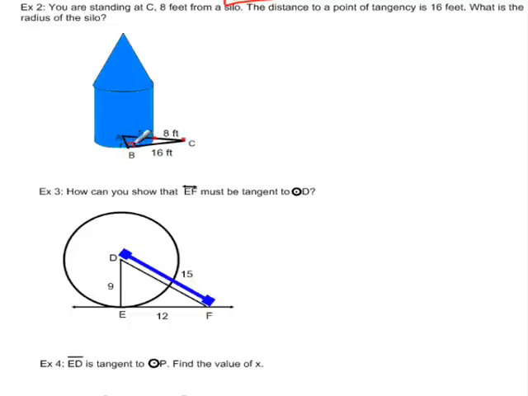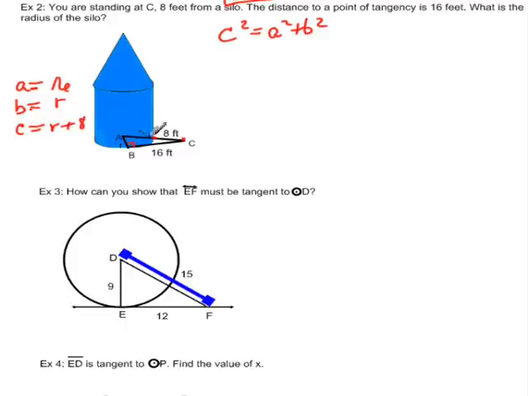Again, you have a right triangle, so we're going to use the Pythagorean theorem. So we have c squared is equal to a squared plus b squared. Our a is equal to 16, our b is equal to R, and note that our c is equal to R plus 8, because the whole length is not 8.